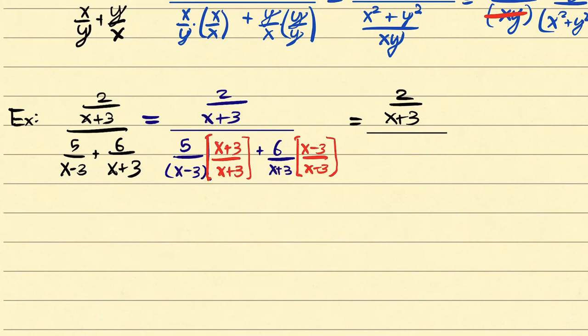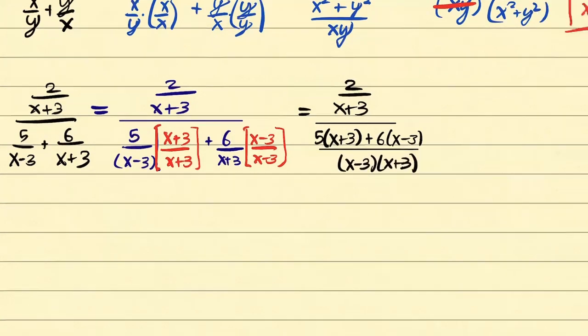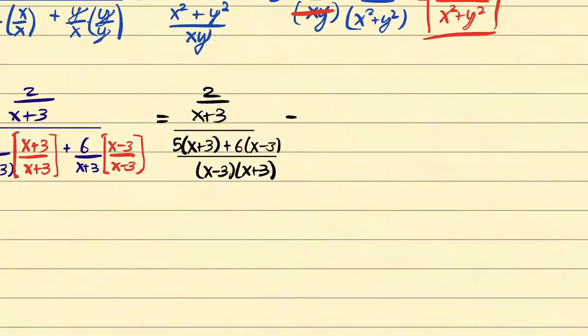But this is where parentheses really matter. When you multiply by a sum or difference of terms, you need to have parentheses. Otherwise, you're going to lose some values. So this looks really ugly, but don't worry, life will get better.